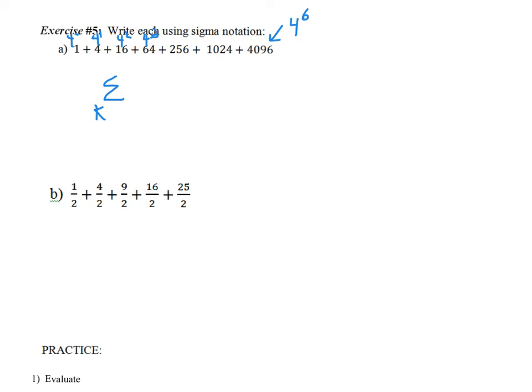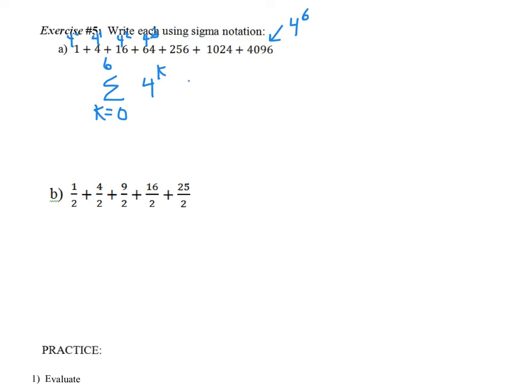So my K, the thing that's changing as I go from term to term, is the exponent. The exponent starts at 0 and goes all the way up to 6. So I'm going to say that my function is 4 raised to the K power.